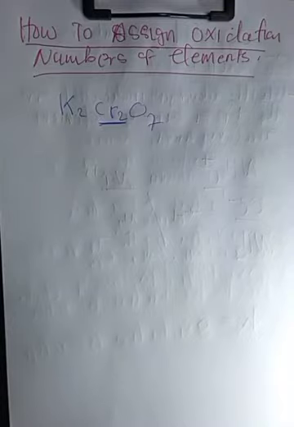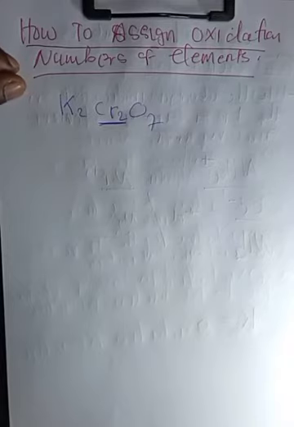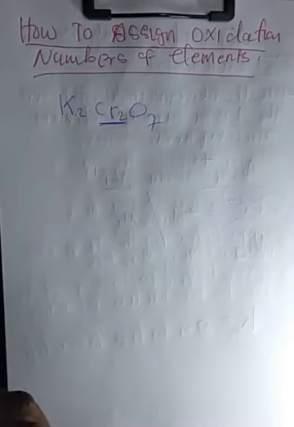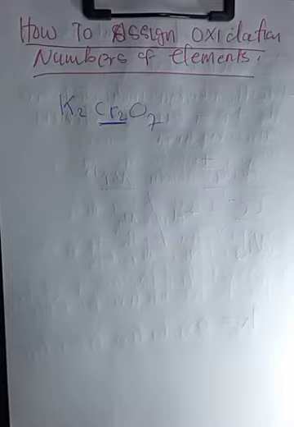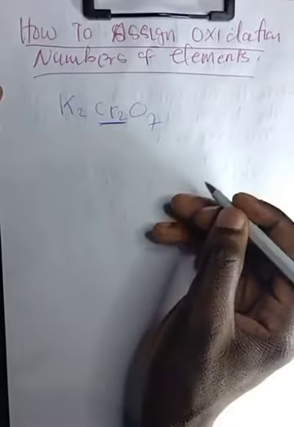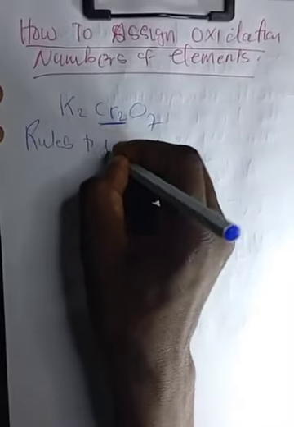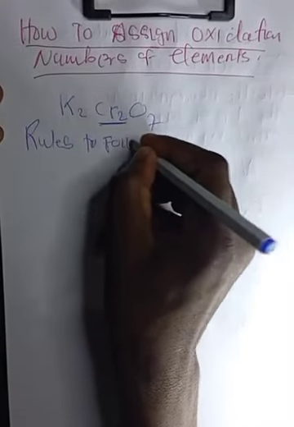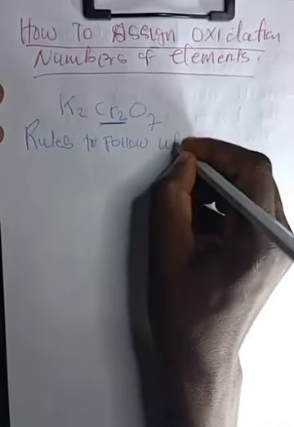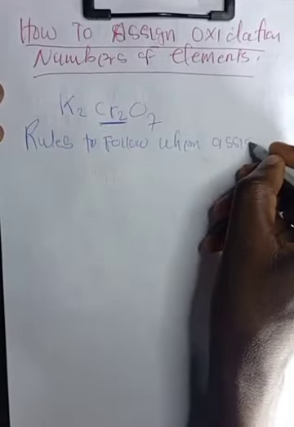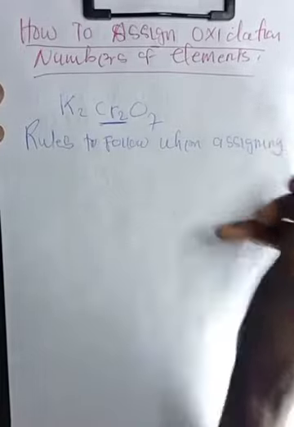That's the concept we want to build. Now let's understand what rules a student should know to be able to respond to such questions. So we now focus on the rules to follow when assigning oxidation numbers.